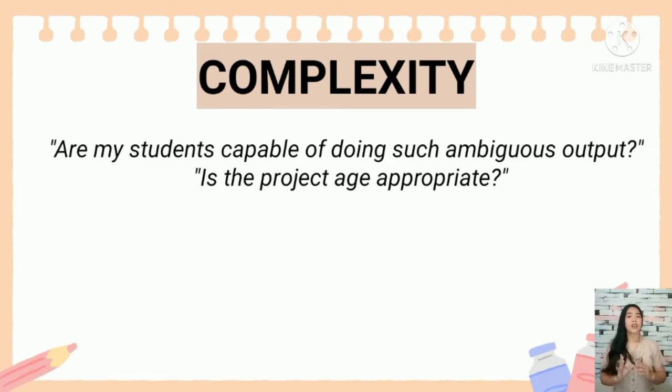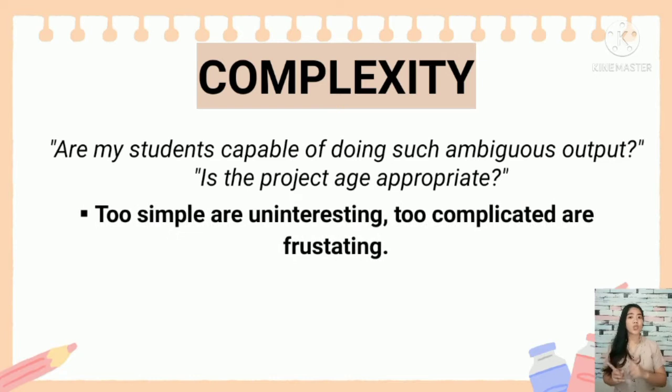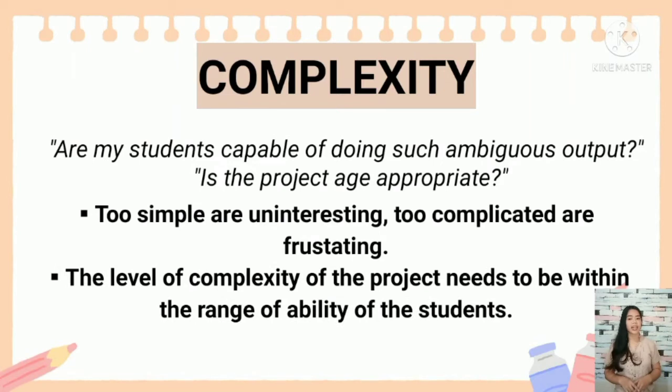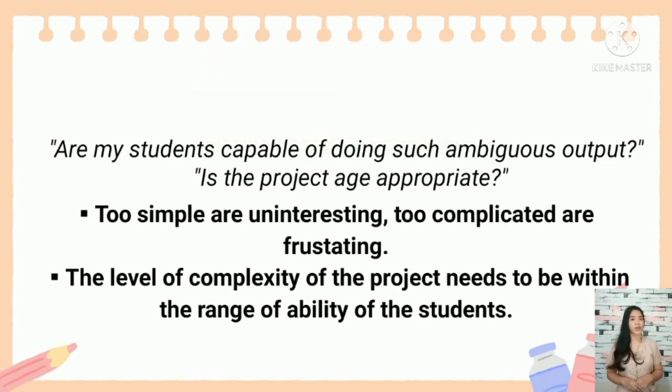So, it means that too simple is uninteresting, and too complicated is frustrating. So the level of complexity of the project needs to be within the range of ability of the students. Designing an assessment must be critically made for the appropriateness of tasks for the students.